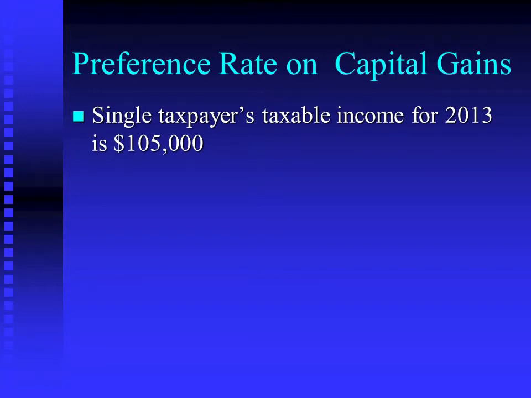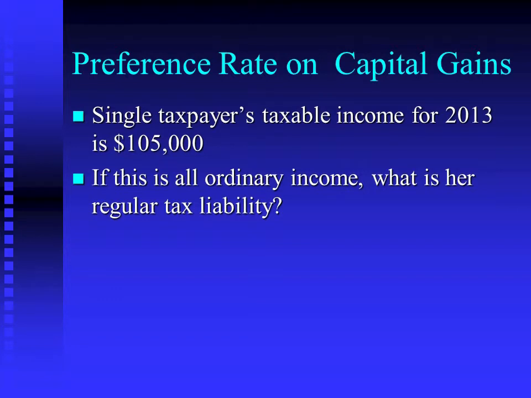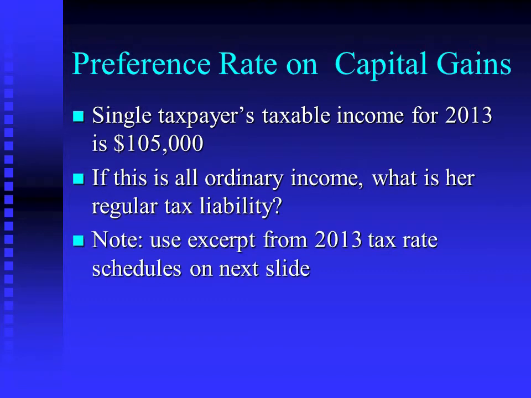So a single taxpayer, that 105, that's the same number we used before. That makes him in the 28% tax bracket. Taxable income for 2013. If all of that income is ordinary income, you would simply do a normal vanilla tax calculation, just like we've been doing since the very first class. And just as a reminder, those tax rates, that little excerpt for the 28% on the next slide.